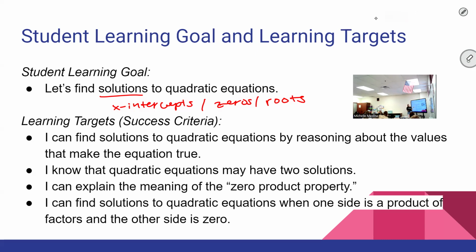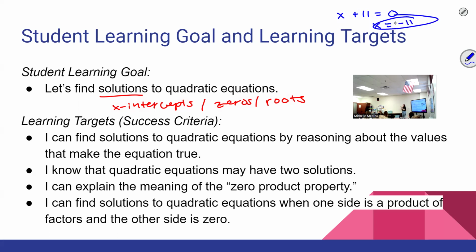Find solutions by reasoning, so like guess and check. For example, I'll make it real easy. If this is our equation, what's the solution? -11.